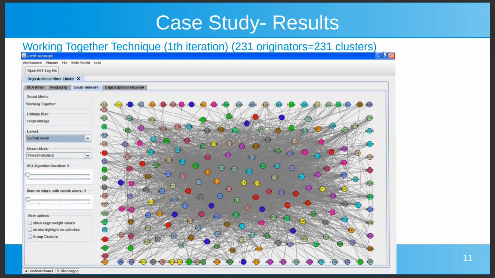During the period of 12 days, the log stored all steps of the 231 originator users.